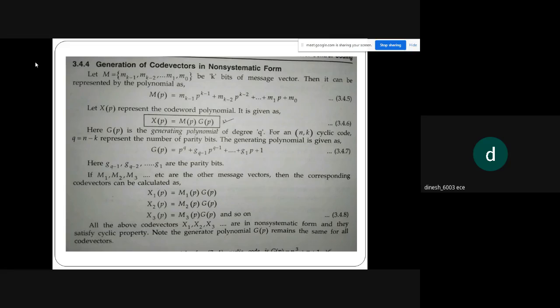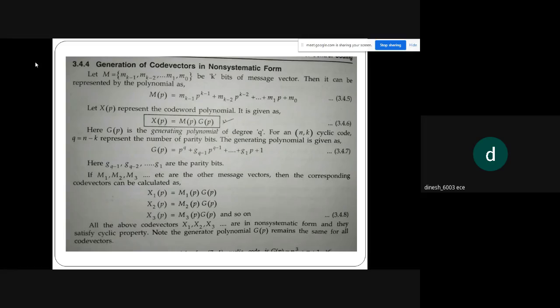So x is equal to m followed by c, which we call systematic. We can easily identify where the check bits are present. But in non-systematic form, we don't know where the check bits or the message bits are present. So for that, we use a format for generating these non-systematic forms.